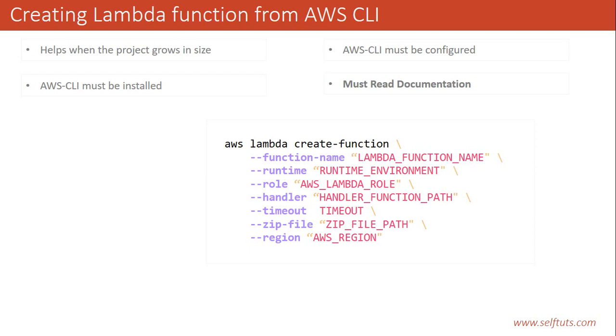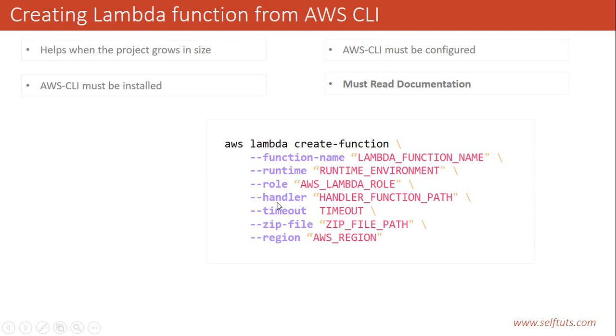We need to create a role in our AWS IAM and provide that to this Lambda function while creating it, so that when this Lambda function is running, it has the permissions to interact with DynamoDB. Suppose we have only provided the permission to create items inside our DynamoDB. We need to create a role with those permissions, and the ARN, that is the Amazon Resource Name for that role, will be provided here.